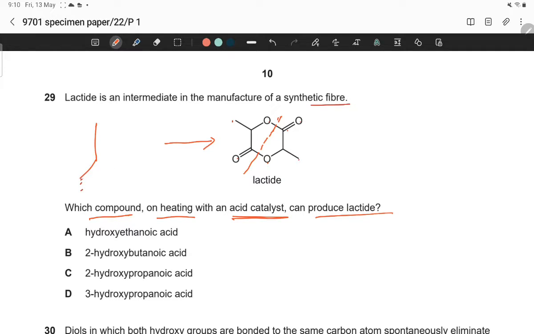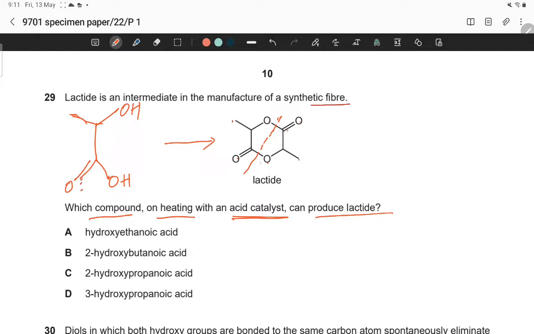double bond O, and over here must be OH, yes, and over here O, it must be OH.